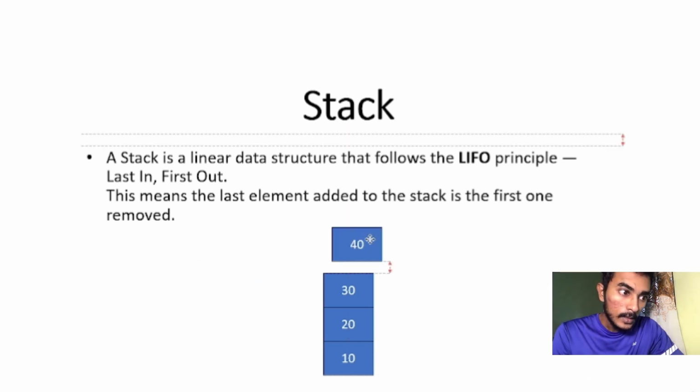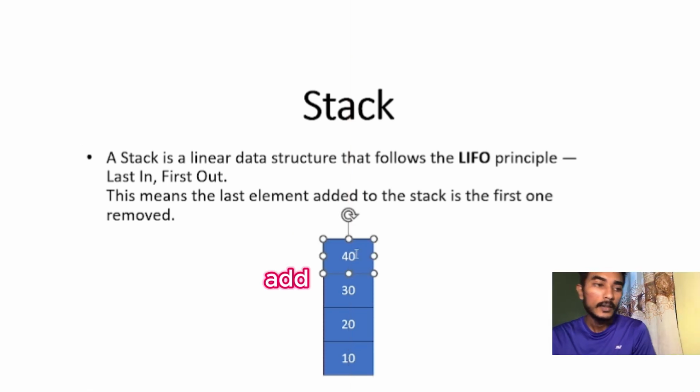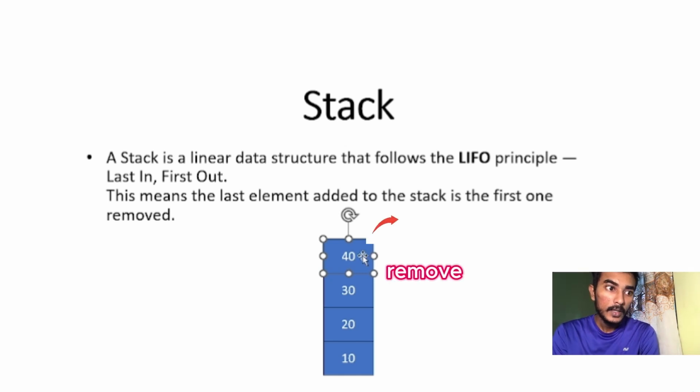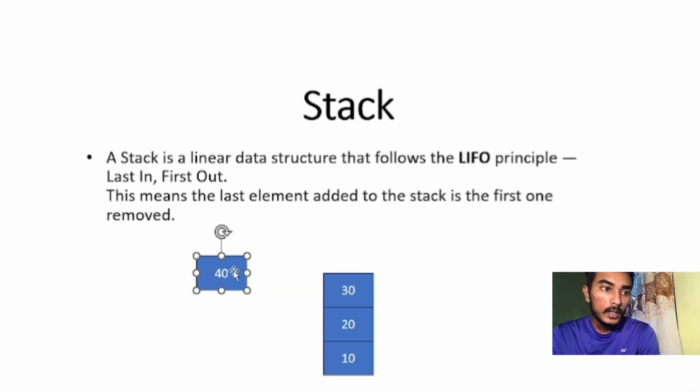The 40 is added to this list like this. This is add. So this is remove here. This is the first element in this stack. That is the removed one. The 40 is now removed. So now the stack has 10, 20 and 30 as the elements.